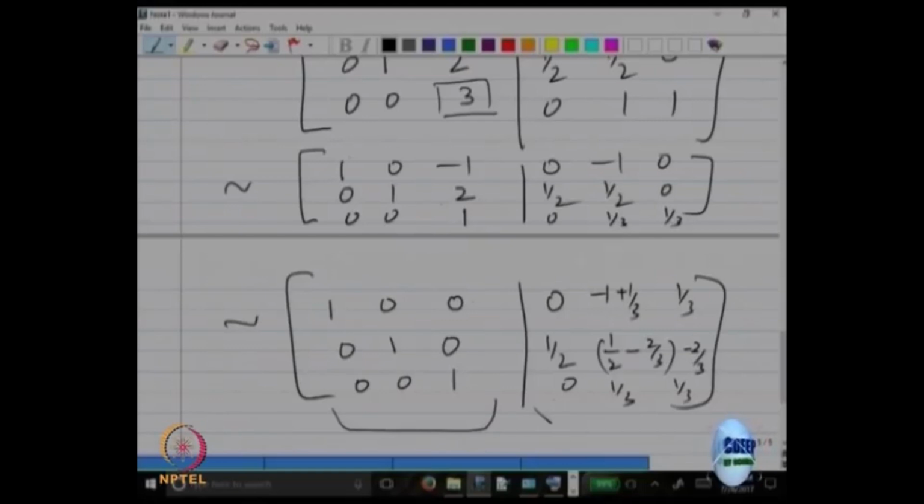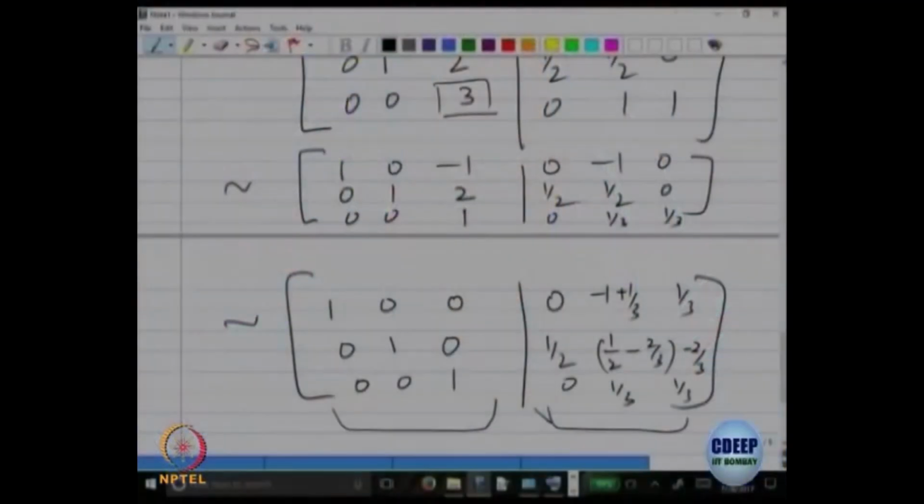So, what is my reduced row echelon form of the given matrix? That is identity, right. So, that means the matrix is invertible, and that should be the inverse of the matrix.